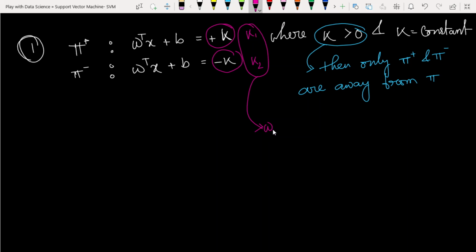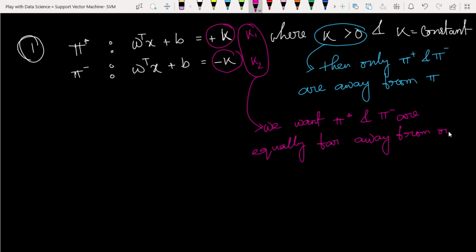Because we want pi plus and pi minus to be equally far away from our optimal hyperplane pi.